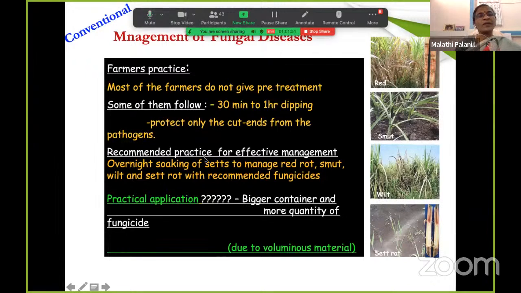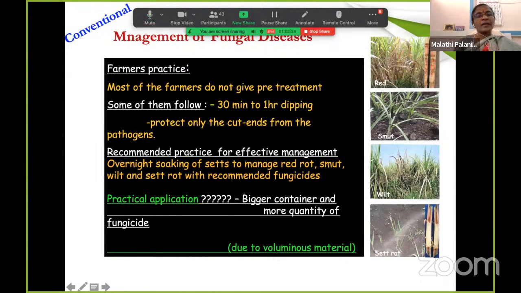Our findings strongly support that overnight soaking is necessary for the effective infiltration of any molecules, be it a fungicide or any other inhibitors. When we recommend it, the farmers could not adopt it due to problems in practical application, considering the voluminous planting material.